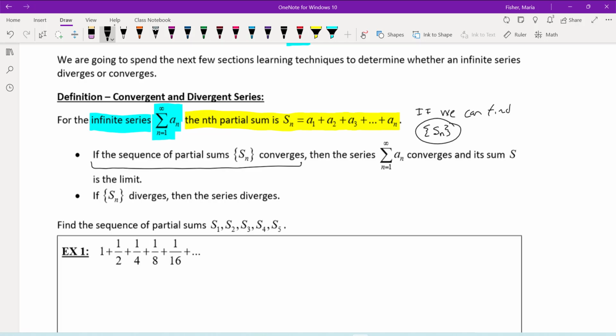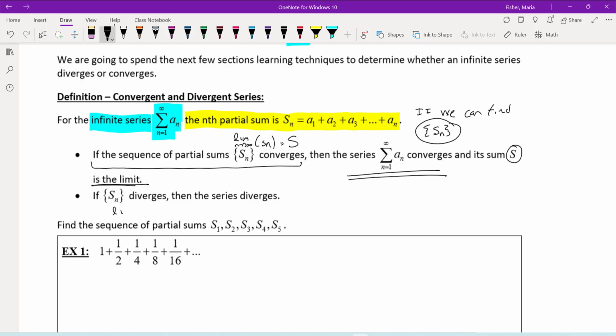Well, how do I know if the sequence converges? Well, the limit as n goes to infinity of that sequence would have to equal a number. If that sequence converges, then your series converges, and the limit is the sum, and we usually call that s. So instead of L here, you can think of that as s.